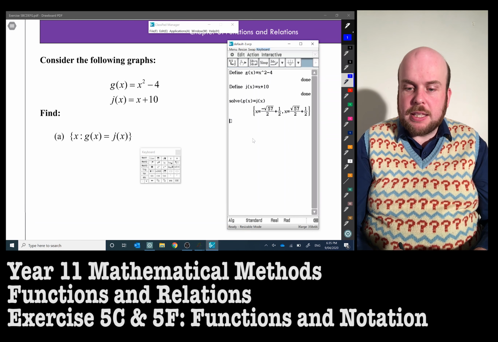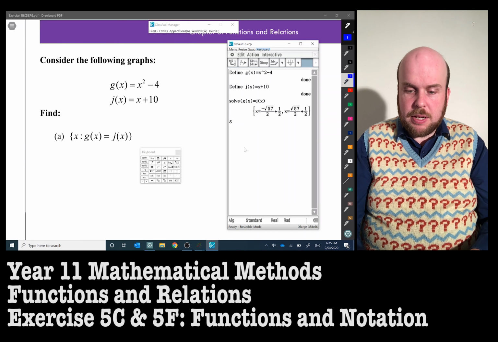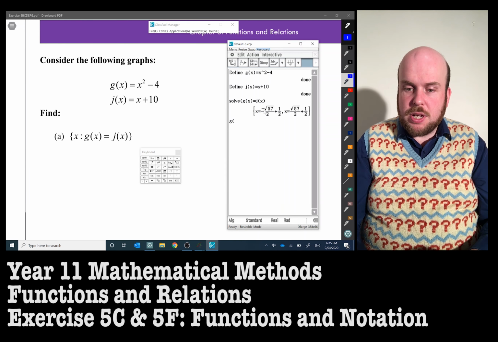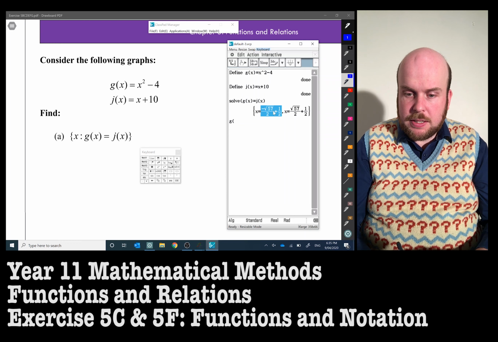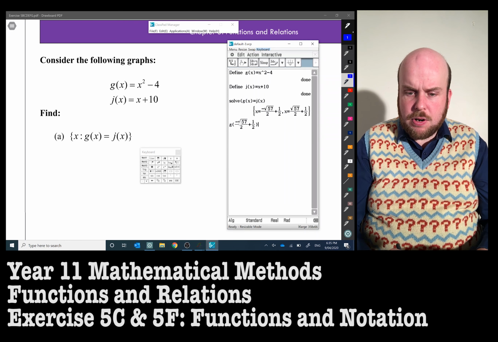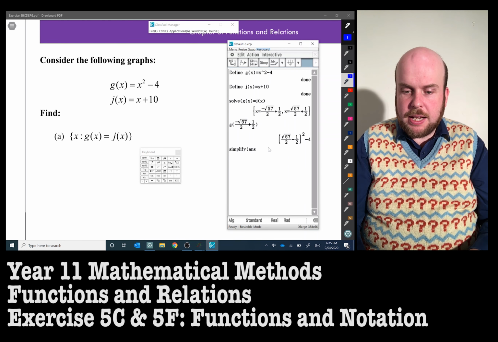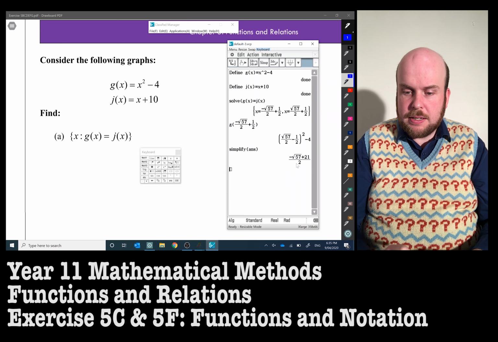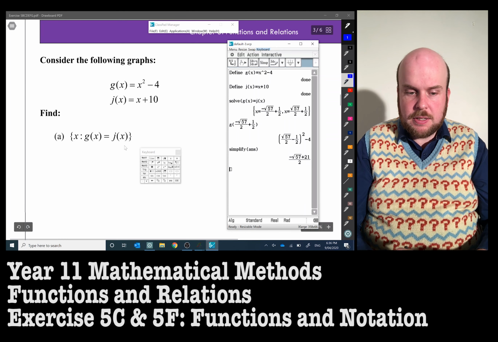So what we can then do is substitute accordingly. So we're going to write g of this horrible looking thing, and we'll simplify that answer. That will get us the y values there. So this is our coordinates.